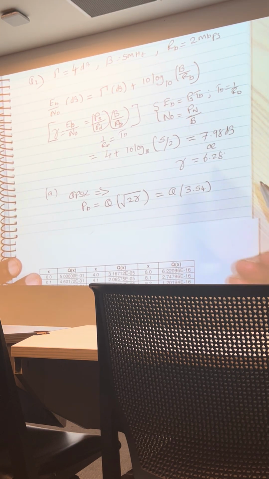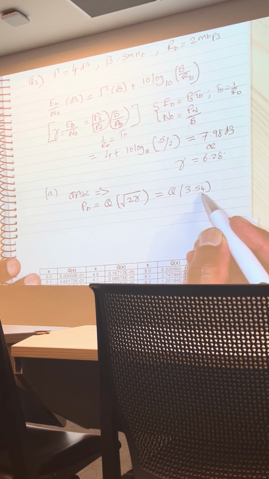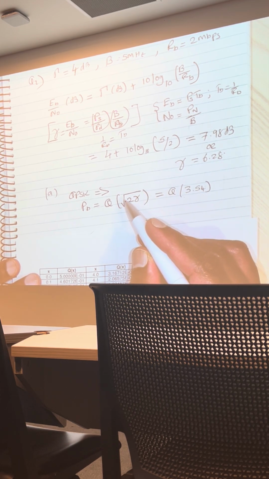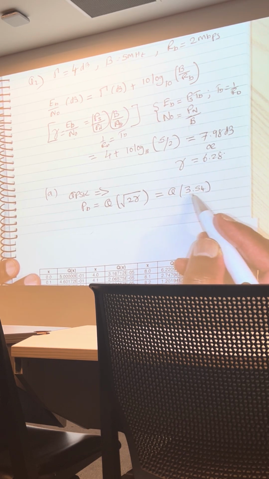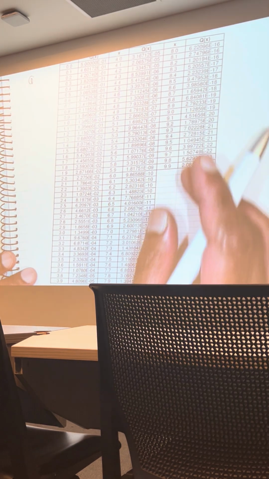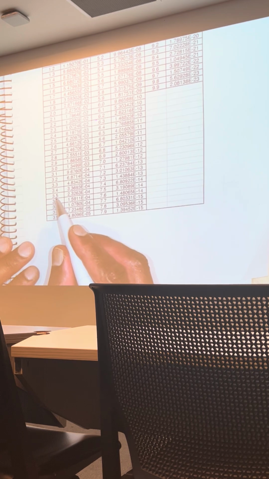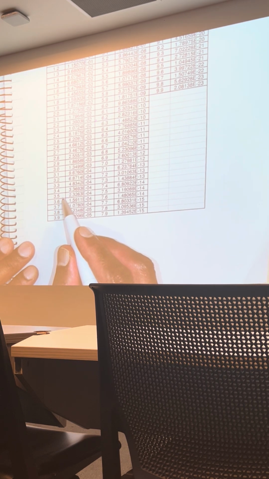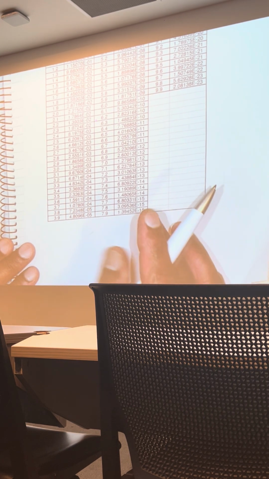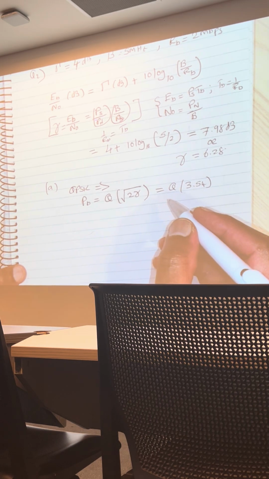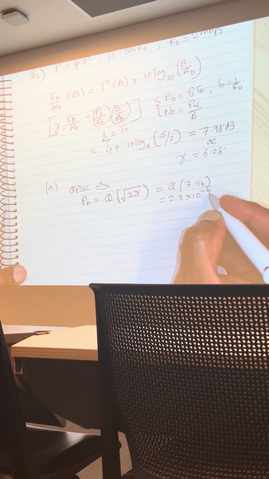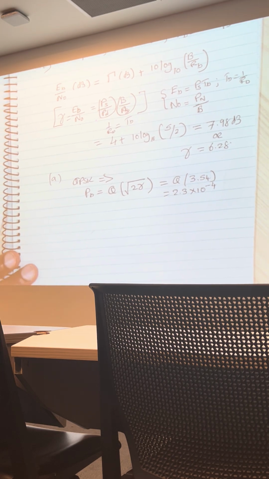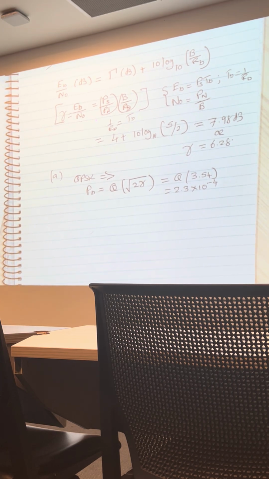So I'll do that again. Q of 3.54, right? So square root of 2 gamma. When you substitute gamma here, you'll get 3.54. And then 3.54 on the Q table, Q of 3.5 is 2.3 into 10 to the minus 4. So it's a straightforward calculation for bit error probability.